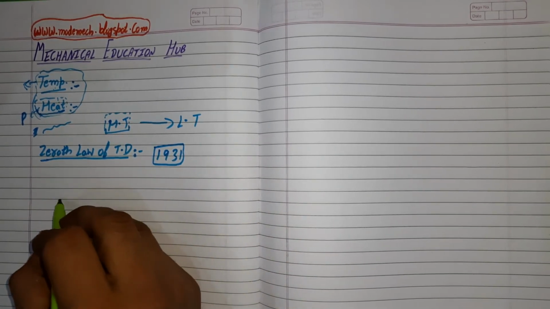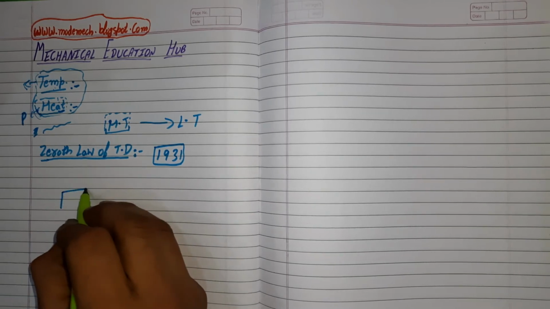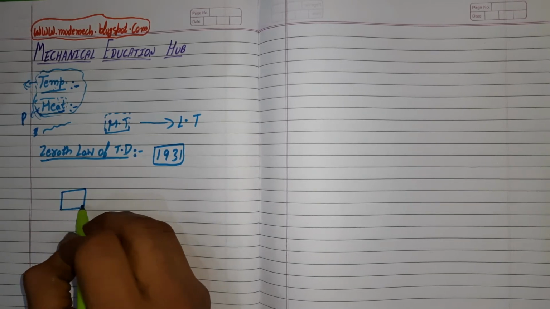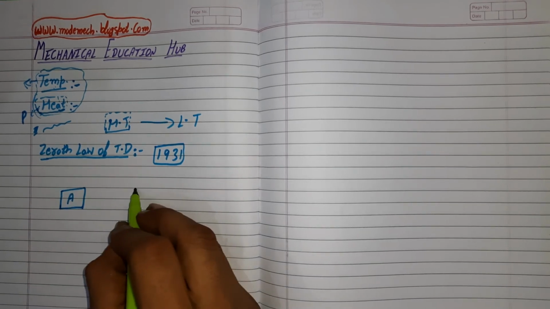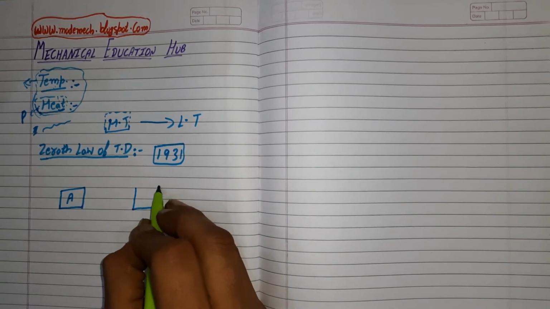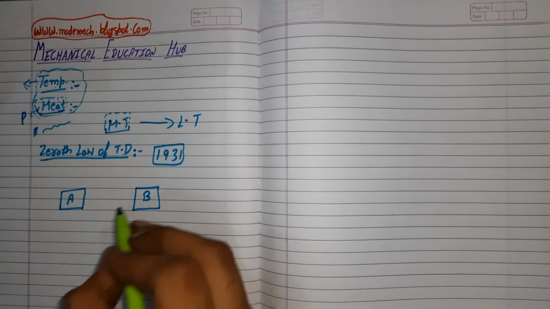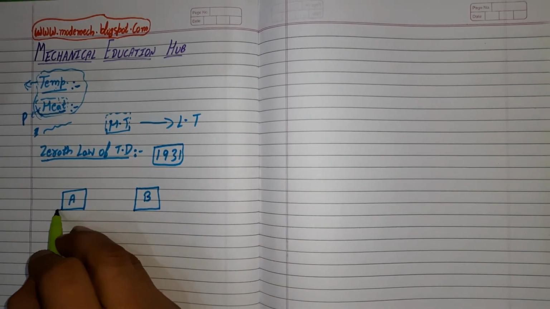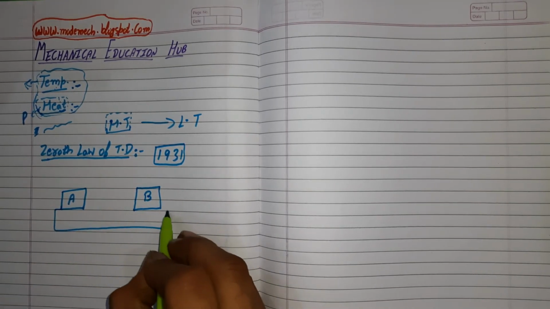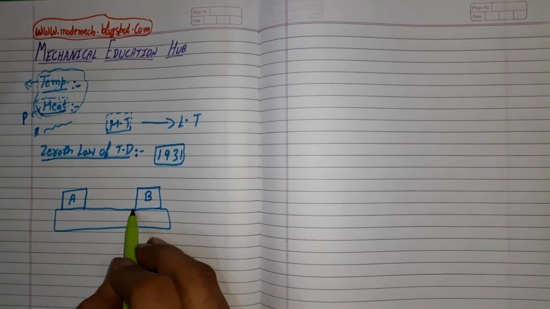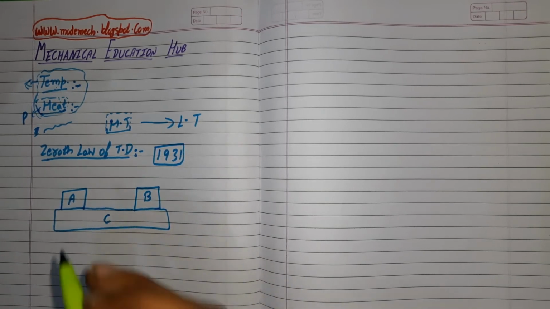What Fowler explained was, let us assume a body A and a body B. Let us also take one body C.